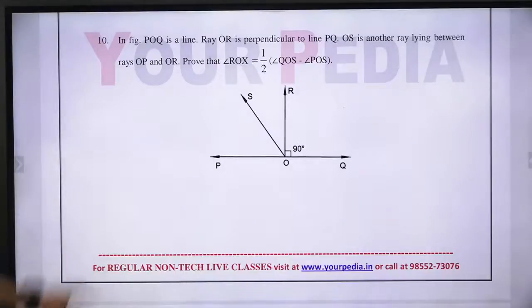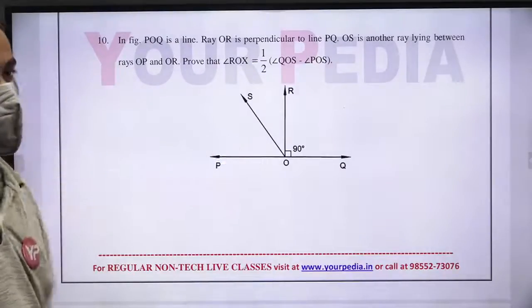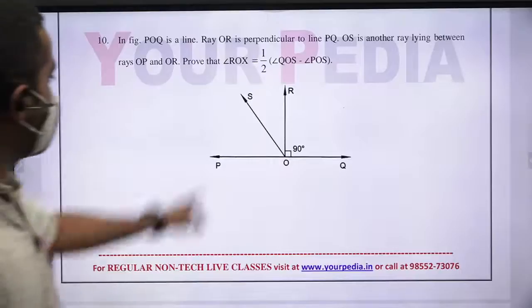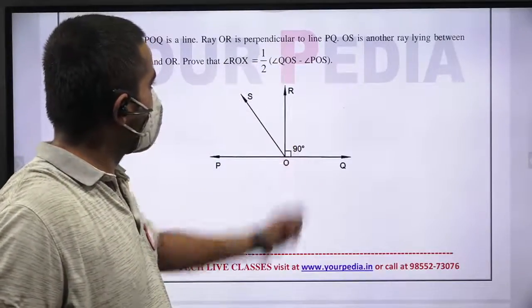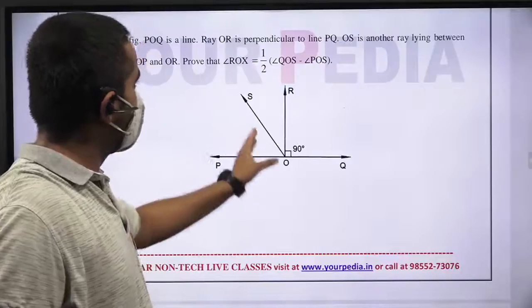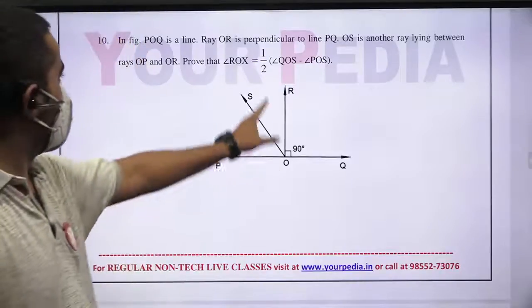So in this figure, POQ is a line. Ray OR is perpendicular to line PQ. OS is another ray lying between OP and OR.